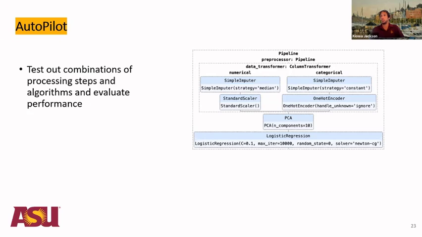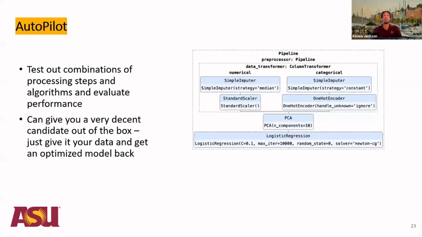You can see multiple pre-processing steps here. We're scaling, we're one-hot encoding, and in the end, you're applying a specific model, in this case, logistic regression, to fit towards that. And what AutoPilot does is it swaps out these processing steps, different models, different pre-processing steps, and it tests out what gives the best performance on your data.